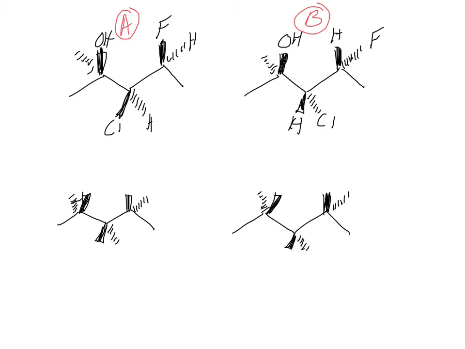So what are these two molecules to each other? As we're looking at this, there's four possibilities. Constitutional isomers, but it looks like they have all the same bonds. If we numbered our carbons, 1, 2, 3, 4, 5.